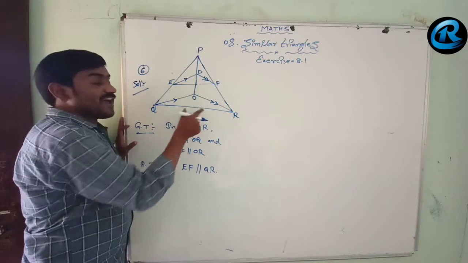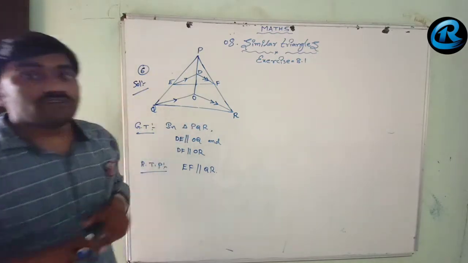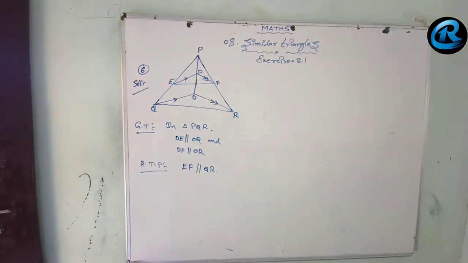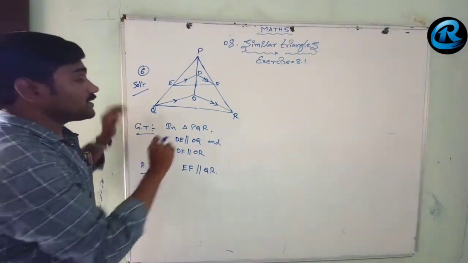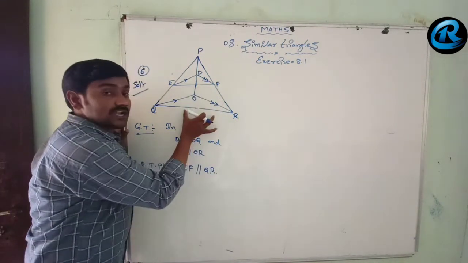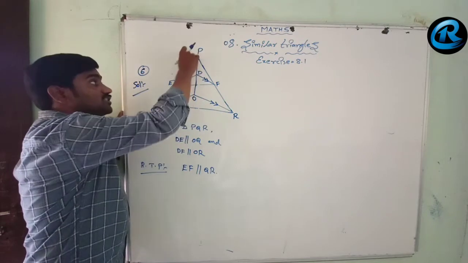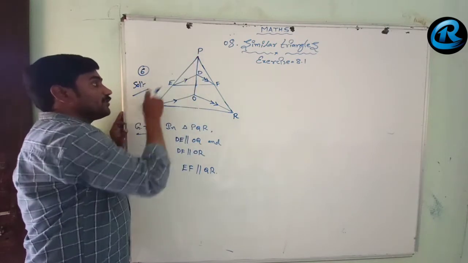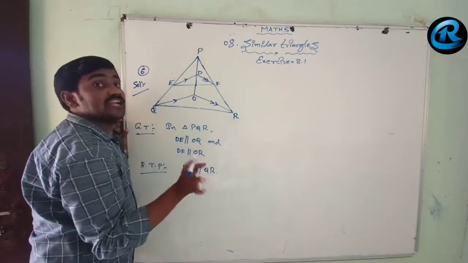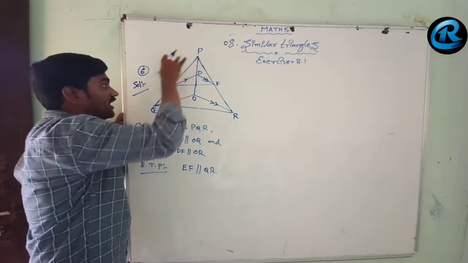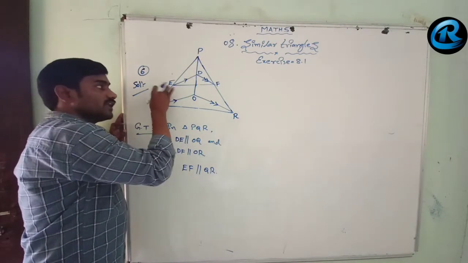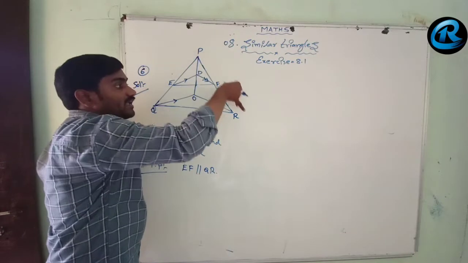When EF is parallel to QR, remember, then these two sides of the triangle, PQ and PR, are divided in the same ratio, like PE by EQ equal to PF by FR.